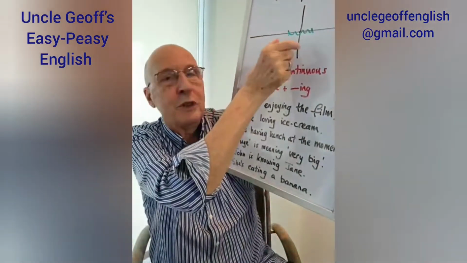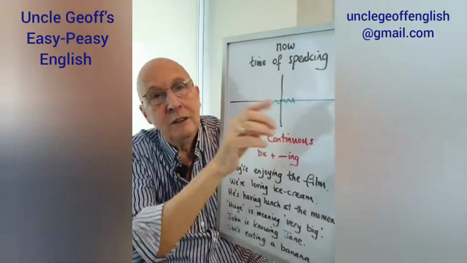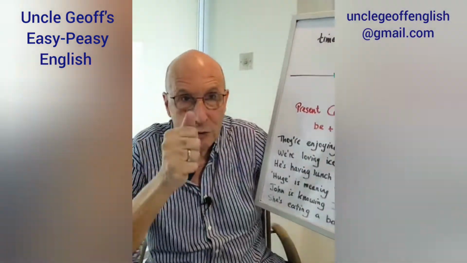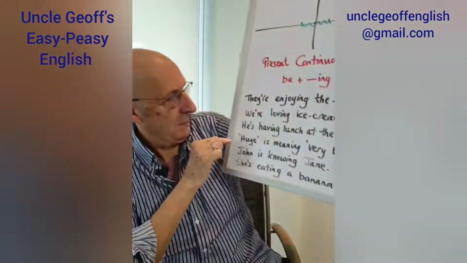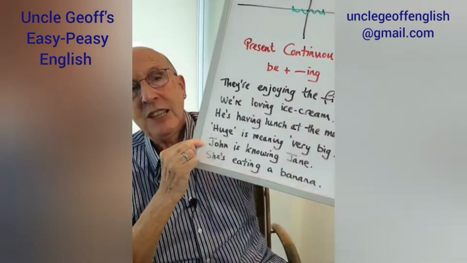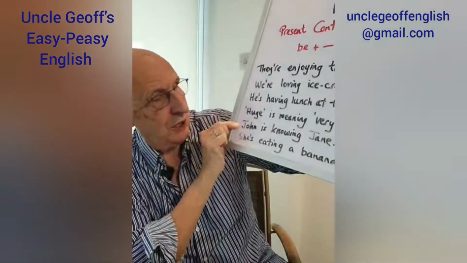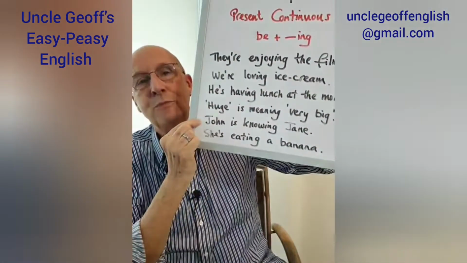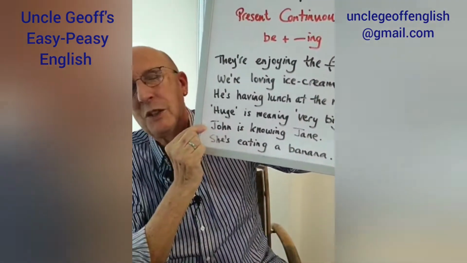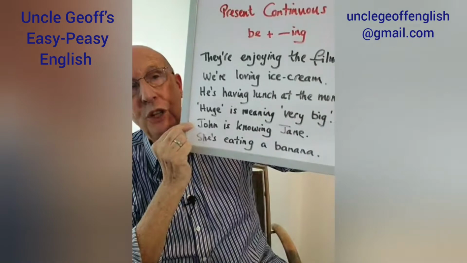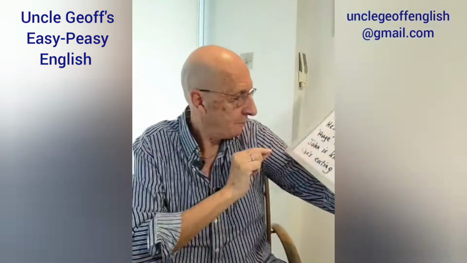You don't know them for a few seconds, you know them forever. When you know them, you always know them. So the sentence, John knows Jane, would be present simple, which sounds much nicer. John knows Jane. It's always true.